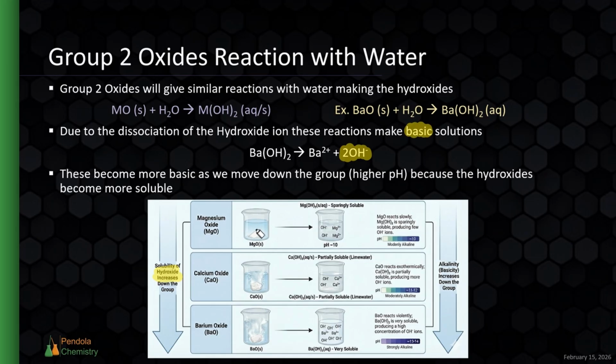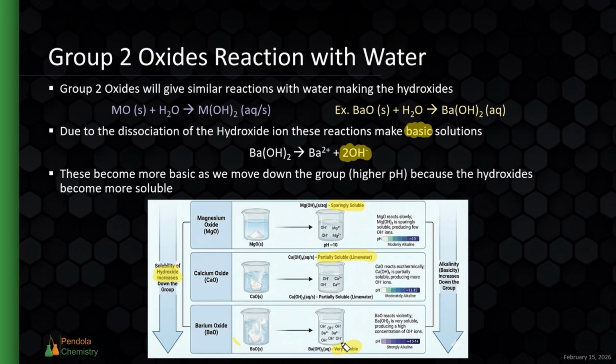So when magnesium oxide reacts with water, it creates magnesium hydroxide, which is only sparingly soluble. When calcium oxide reacts with water to make calcium hydroxide, that is partially soluble. It's a little more soluble. It's something we call lime water, and we'll talk more about lime water at the end of this section. And then when barium oxide reacts, it creates barium hydroxide, which is very soluble in water.